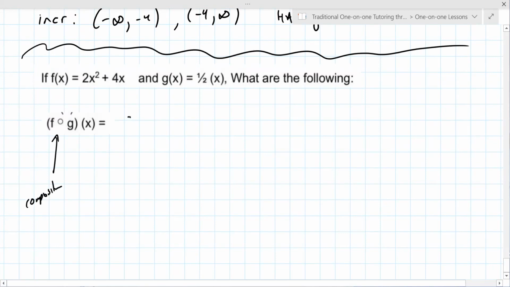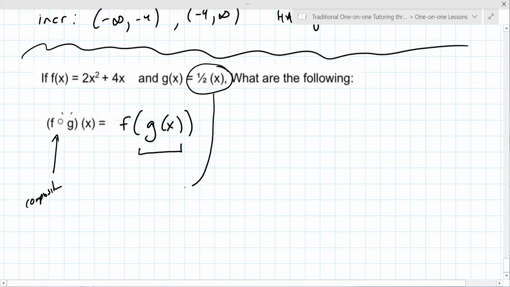So you saw this earlier, it's f of g of x. So you have to do this first right here, and then you take whatever that is. Notice how g of x is really this. So instead of g of x, you write 1/2 x, because g of x is 1/2 x.